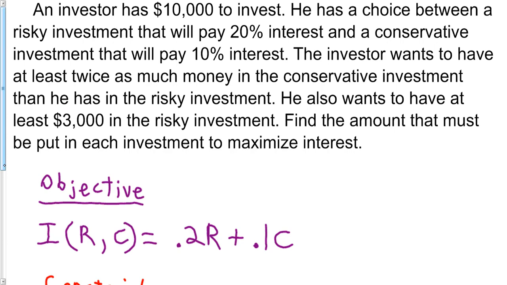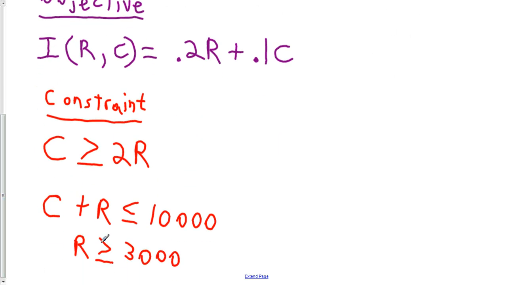Lastly, now I need to graph this last one here. I can't solve this one for C. If you have a linear equation and you can't solve it for the vertical axis, the dependent variable, it means you have a vertical line. So this is a vertical line where r is equal to 3,000.